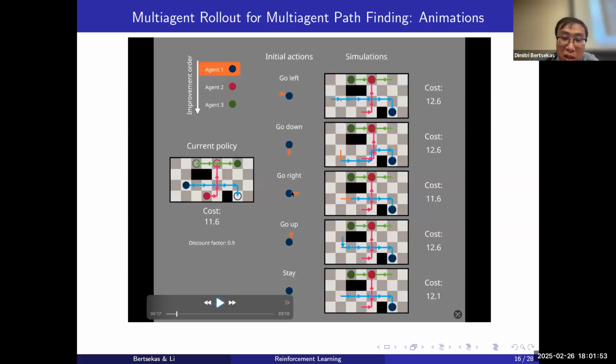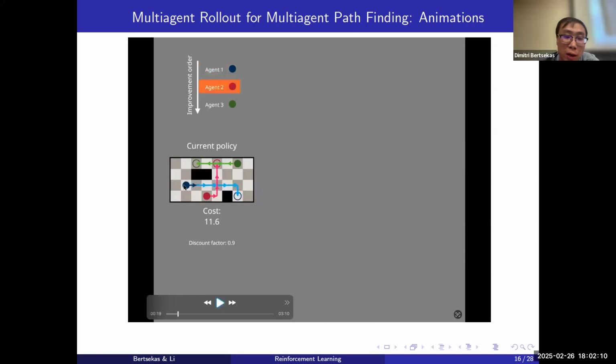So you can see, moving to the right at the current stage for agent 1 has the lowest cost, which is exactly the move suggested by base policy. Therefore, we mark the selected move here by agent 1.